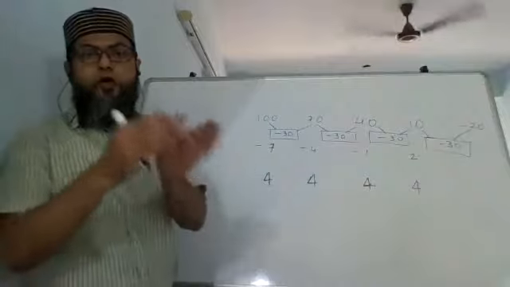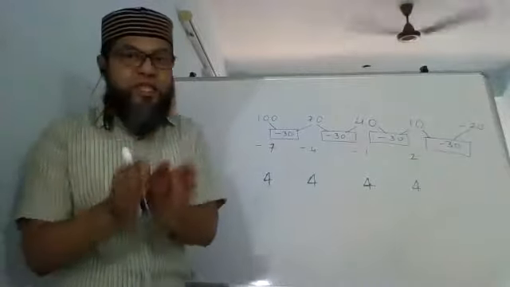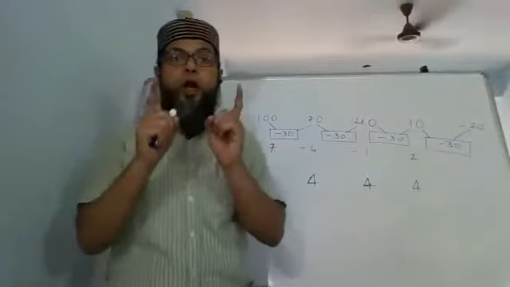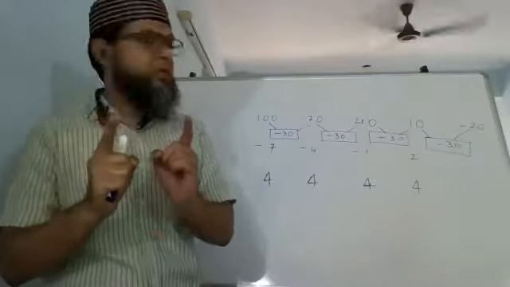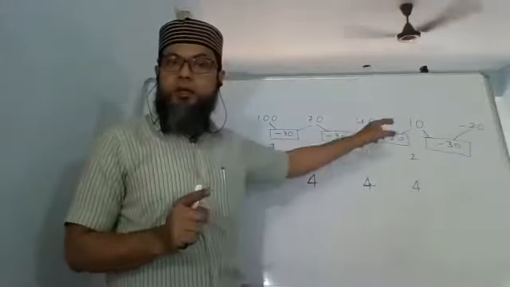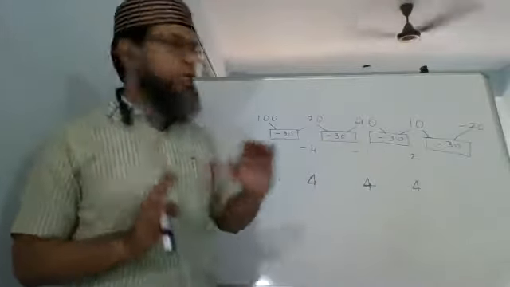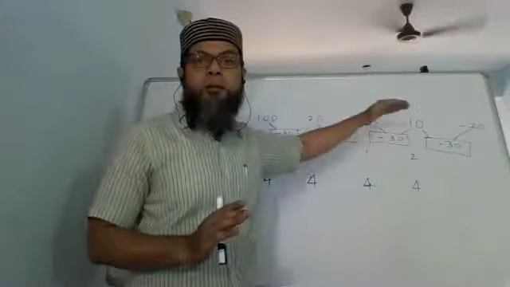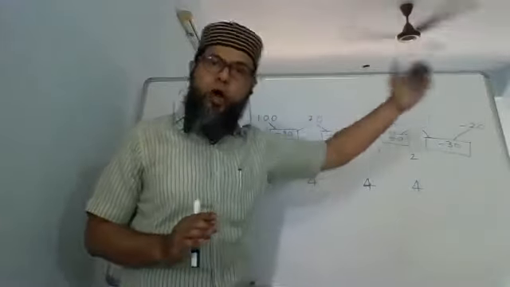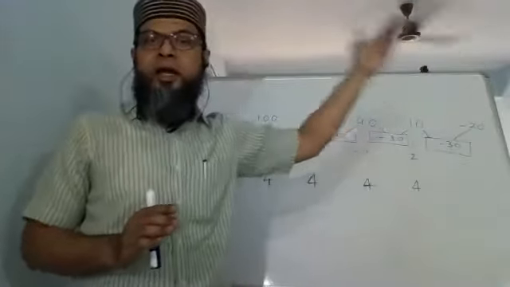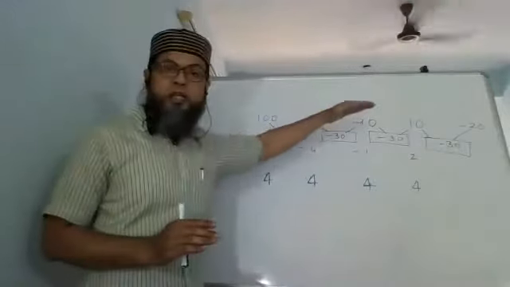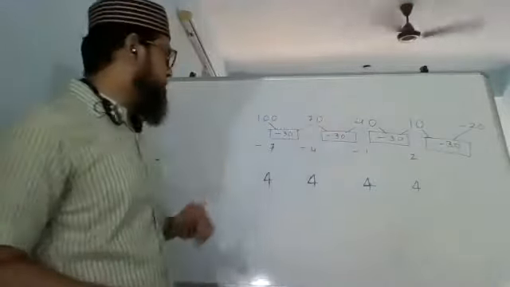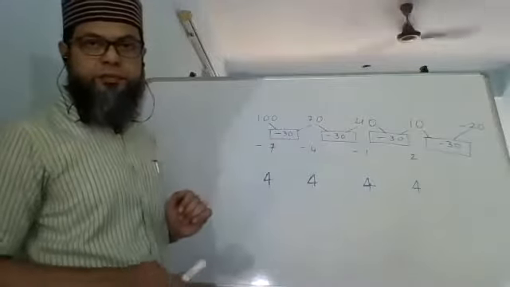That means between two subsequent numbers, the difference is constant. It is minus 30, minus 30, minus 30, minus 30. You can go on doing minus 30 and you'll get the next terms after this. The difference here is constant. That is minus 30.